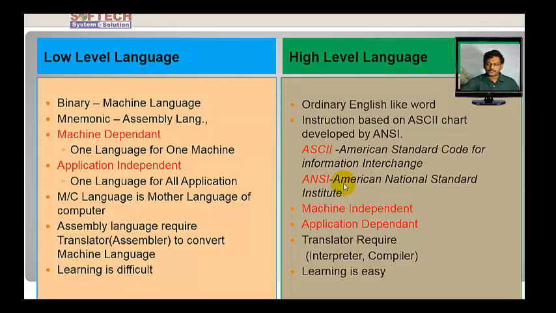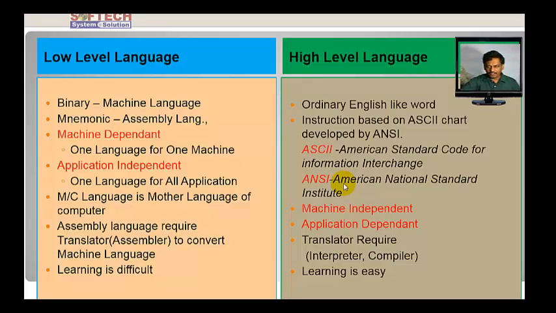These are the characters. The ASCII chart allocates an ASCII value to each character. This chart was developed by ANSI, so it is commonly accepted by all equipment manufacturers and users.